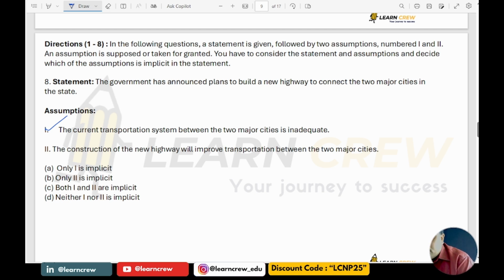The construction of the new highway could be a necessary measure to address the inadequacy of the current transportation system, or it could be part of a larger transportation plan that aims to improve the transportation in other ways as well. So I will go for only 1 as an implicit assumption.